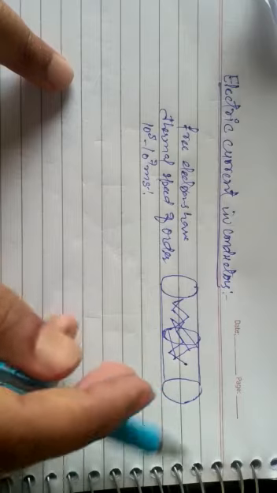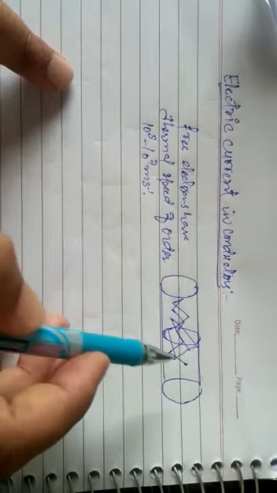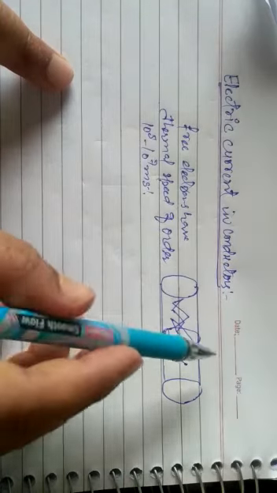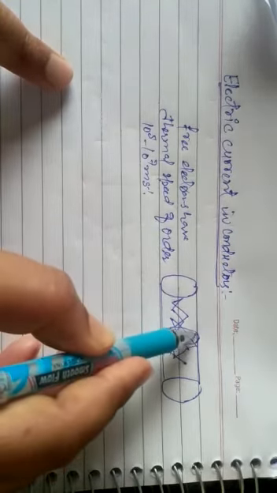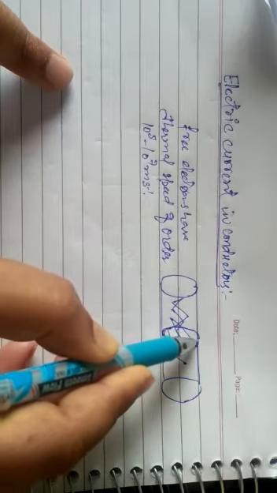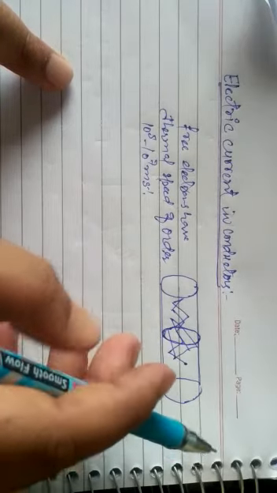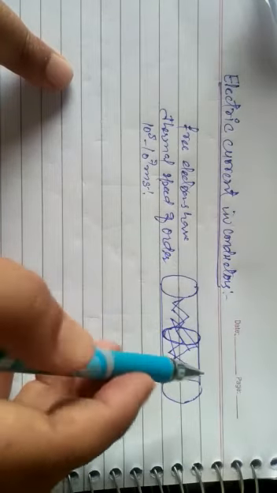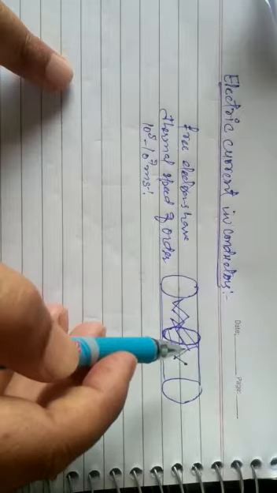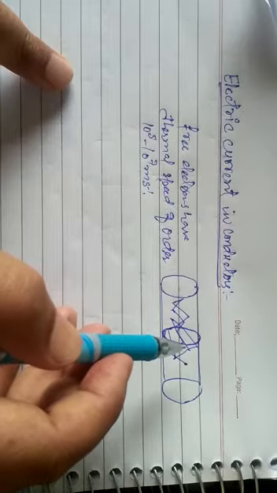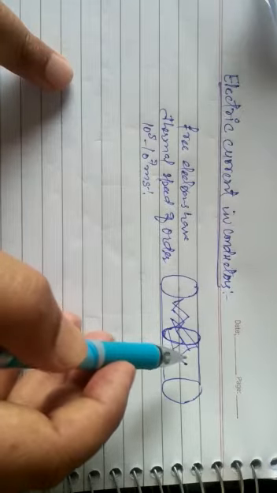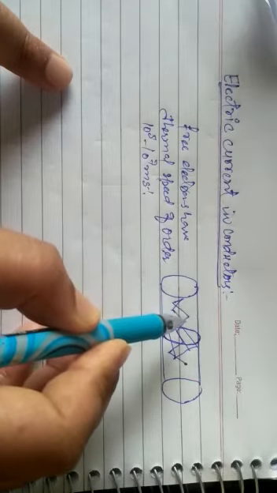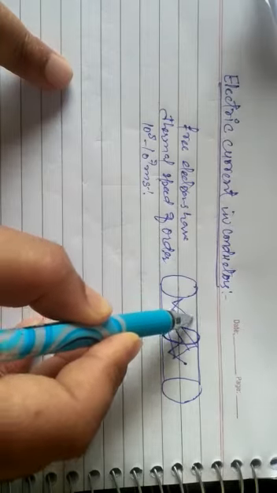Now, the flow of electrons is so oriented that the number of electrons crossing a chosen cross section of the conductor in a particular direction is the same as the number crossing from the other side.